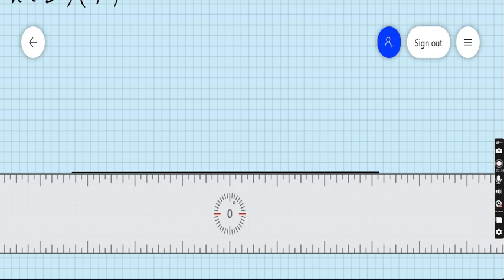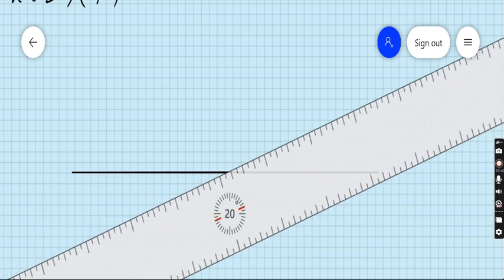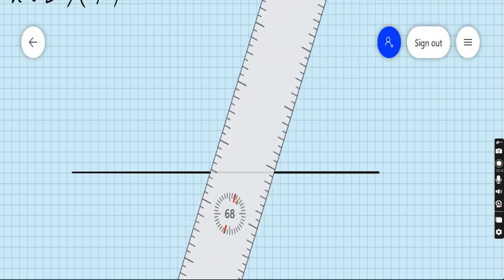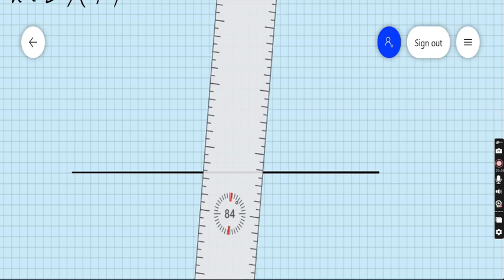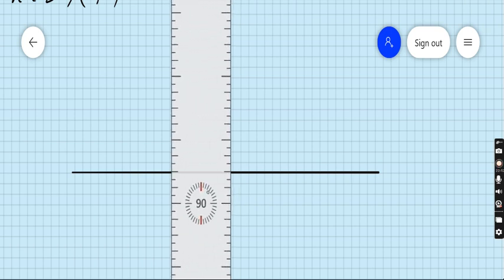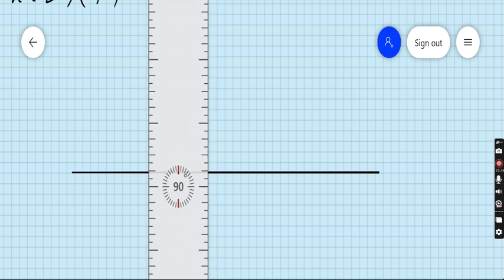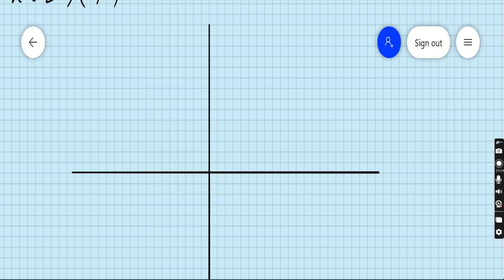X-axis, y-axis, okay, x, y. This time I am taking 2 square is equals to 1.